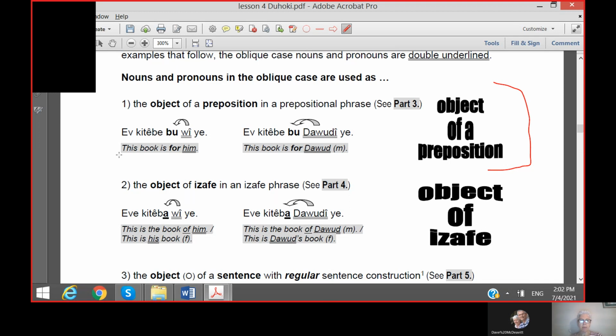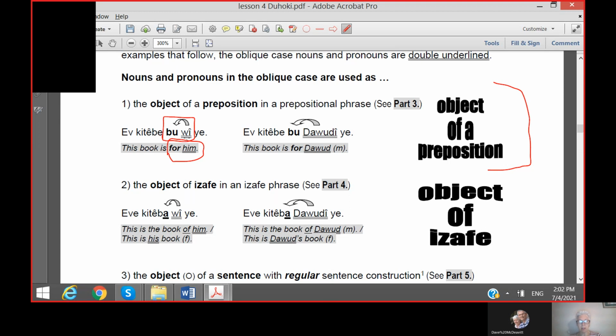A prepositional phrase is like for him. And in Kurdish, that would be bu, we. Because bu is a preposition, the object of the preposition has to be in the oblique case. So you say we instead of bu-ow.